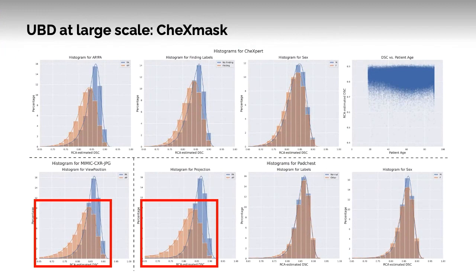And why did that happen? Well, when we told that to the medical doctors, they told us this made complete sense, because anterior posterior images tend to come from hospitalized patients. You cannot move the hospitalized patient. You have to take the image from here. And so hospitalized patients usually have a lot of artifacts, tables, stuff like that, because they are in the hospital. And these artifacts make the task of segmentation much more challenging.